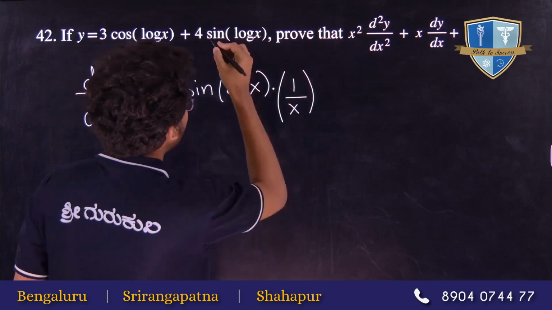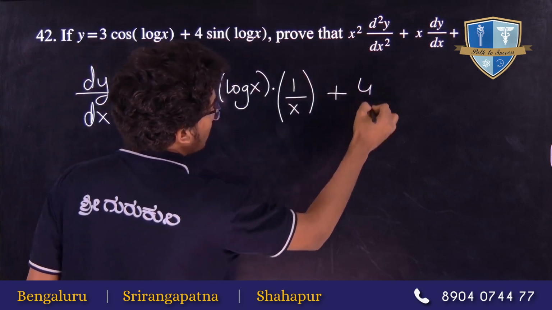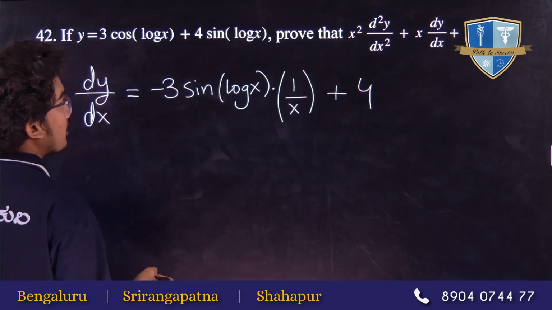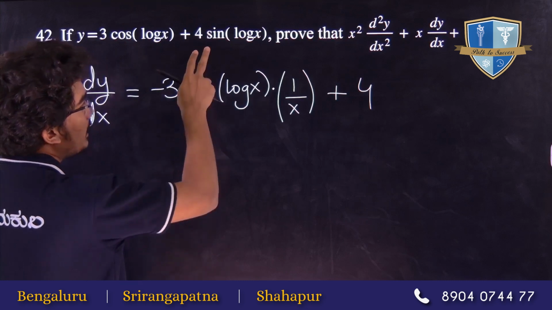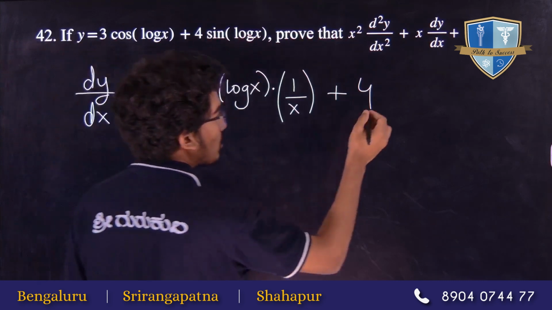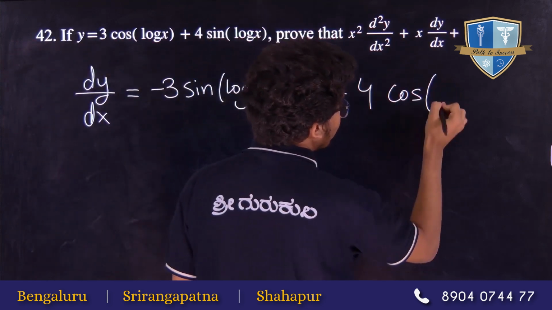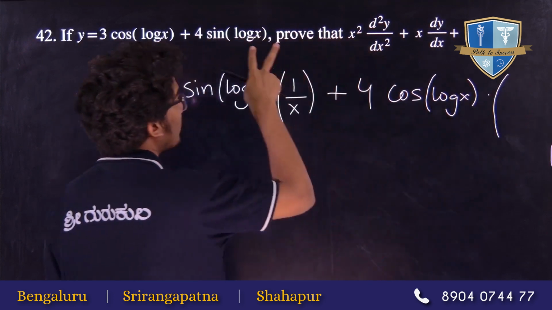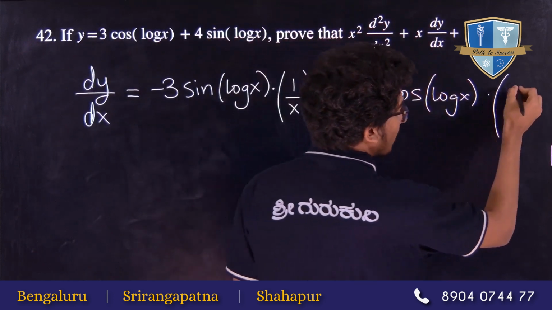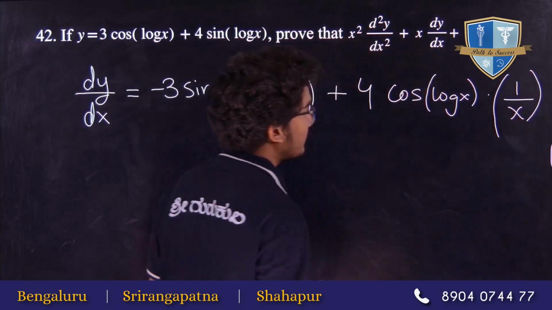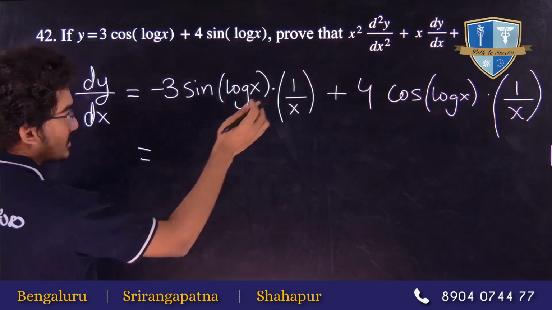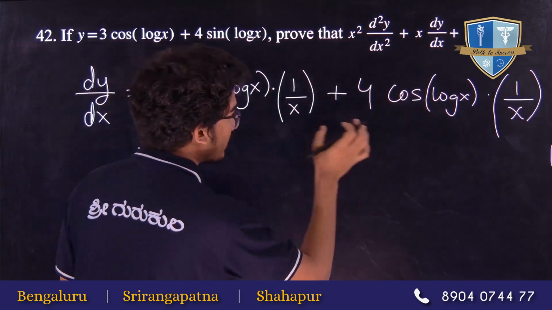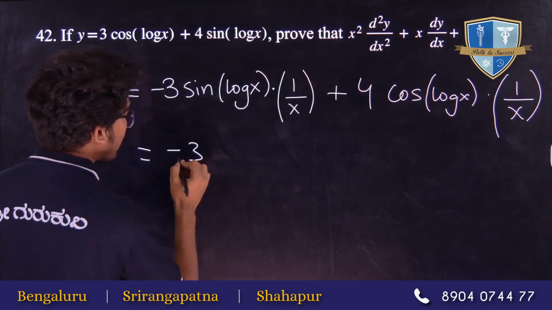Now the second term we have is this. 4 is constant, it will remain outside the differentiation, and differentiation of sin of log x will be cos of log x, multiplied with differentiation of log x, which is the function inside the function. So 1 upon x, correct? Since 1 upon x is there in both of the terms, we'll make it a common denominator.